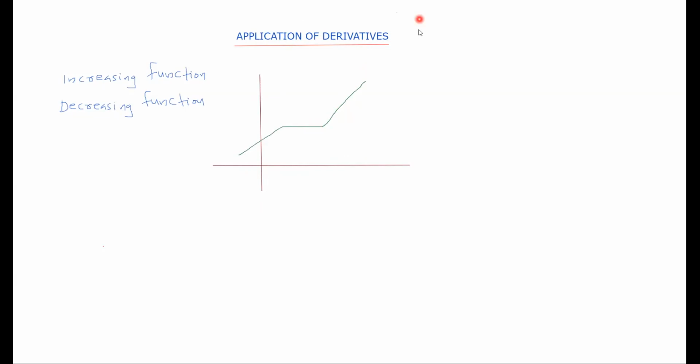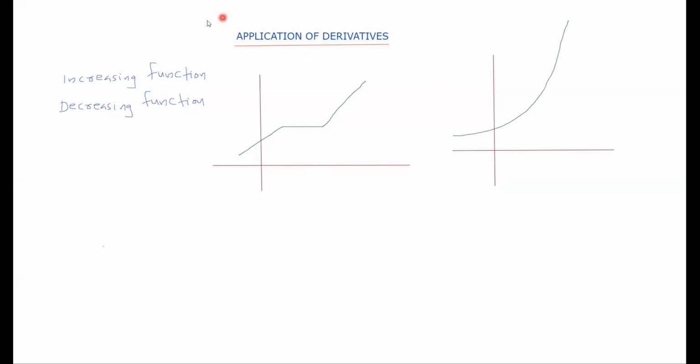Is that right? Another way, if it is like this, this is also increasing. When x values are increasing, the function values are also increasing. So these types of functions are known as increasing functions.